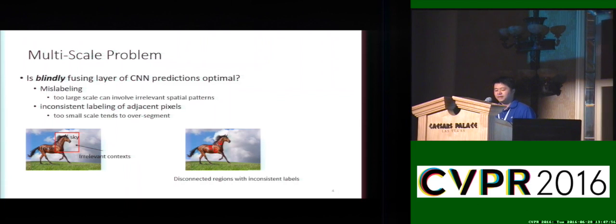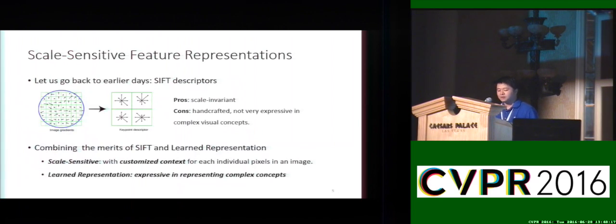On the other hand, if we adopt small scales, then we may over-segment the regions into small disconnected components with inconsistent labeling results. So our work wants to address this multi-scale dilemma.